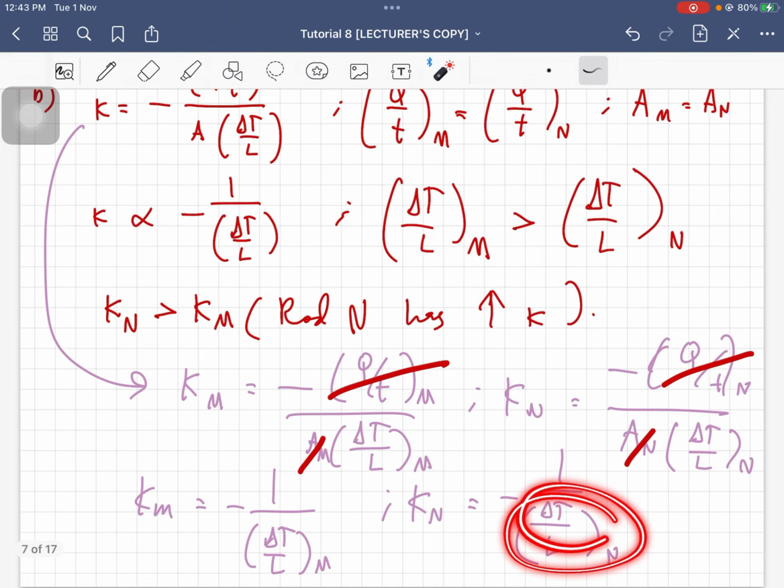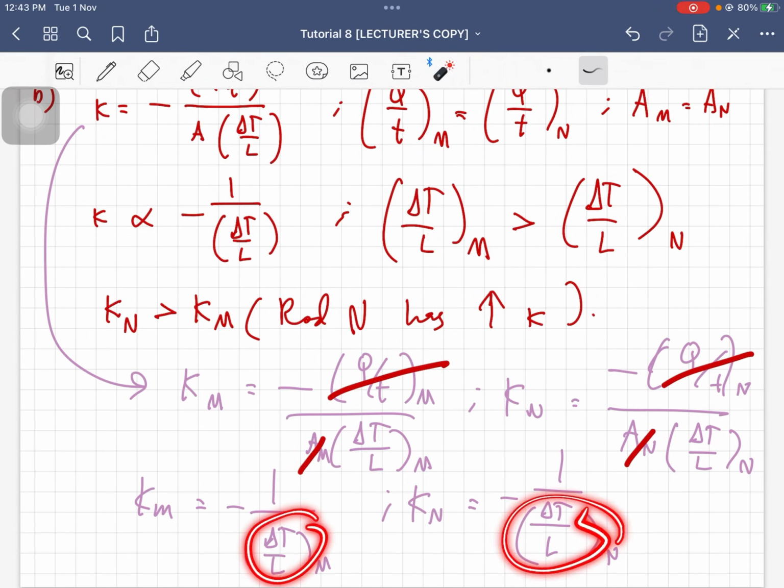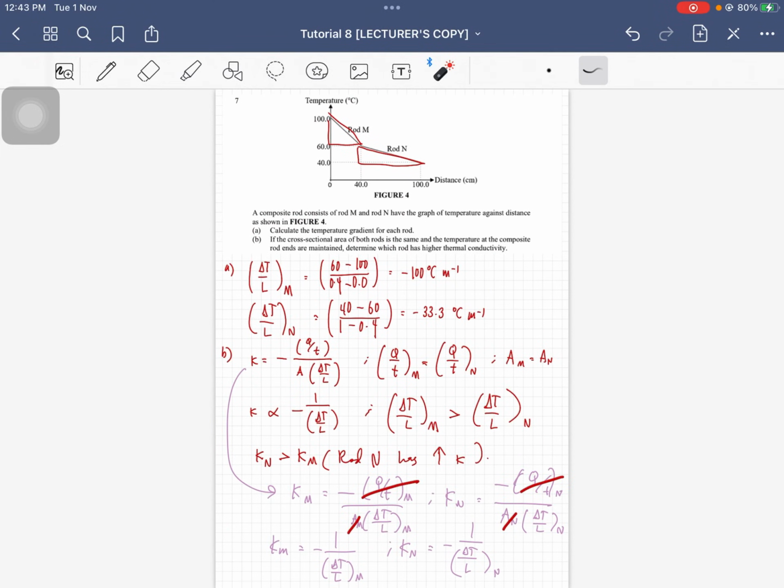For this one, the temperature gradient is less, so the thermal conductivity should be bigger. So that's why the thermal conductivity of rod N is higher, or greater, than rod M, because it depends on the temperature gradient. Okay. Alright, so that is question number 7.